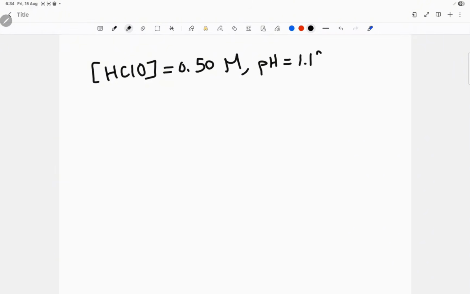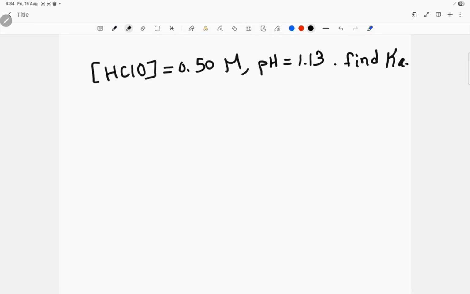Let's do another one. Imagine I had HClO, which is a weak acid, whose concentration is 0.50 molar and whose pH is 1.13, and I say find the Ka. Now it's being reversed on us.